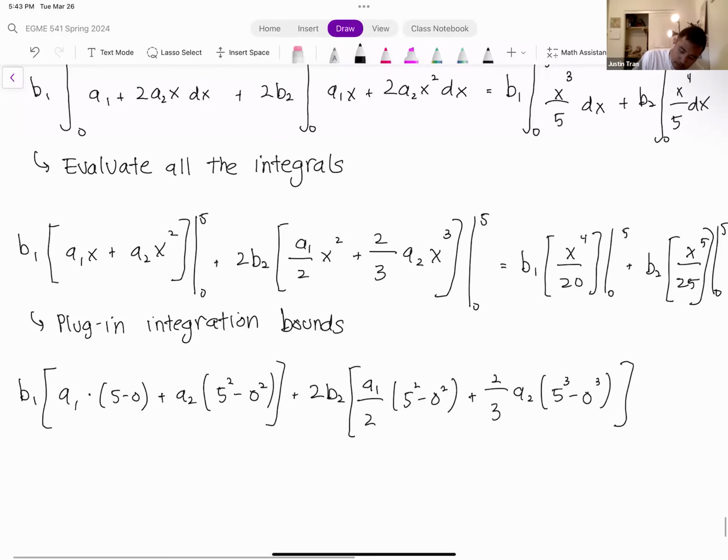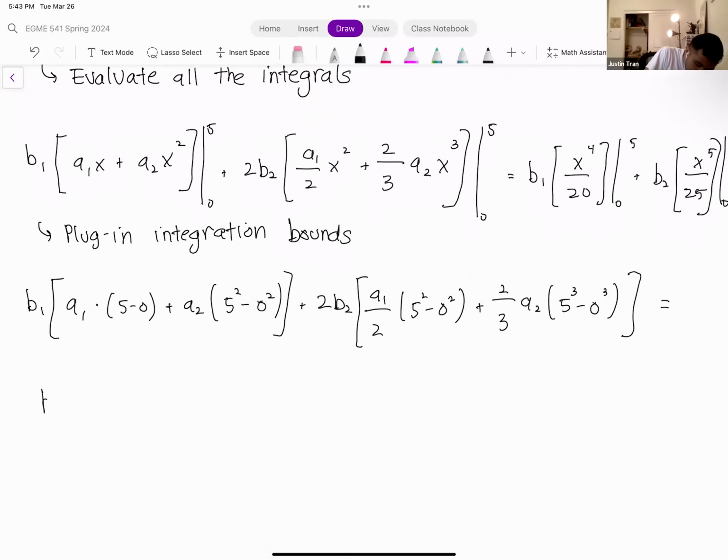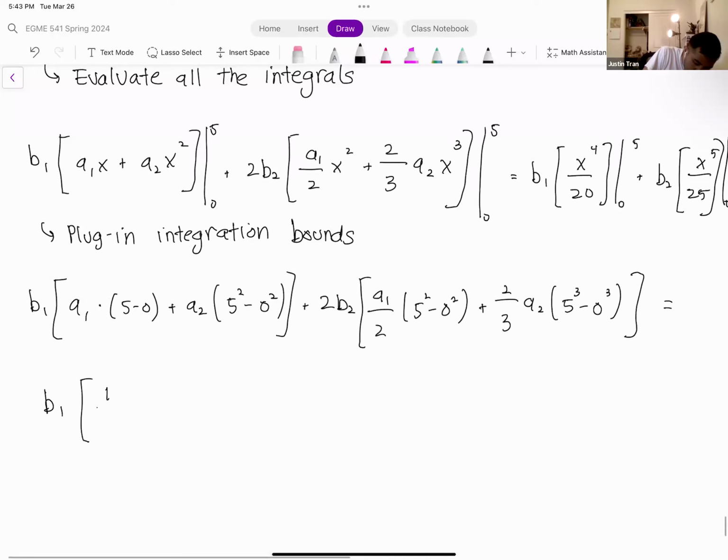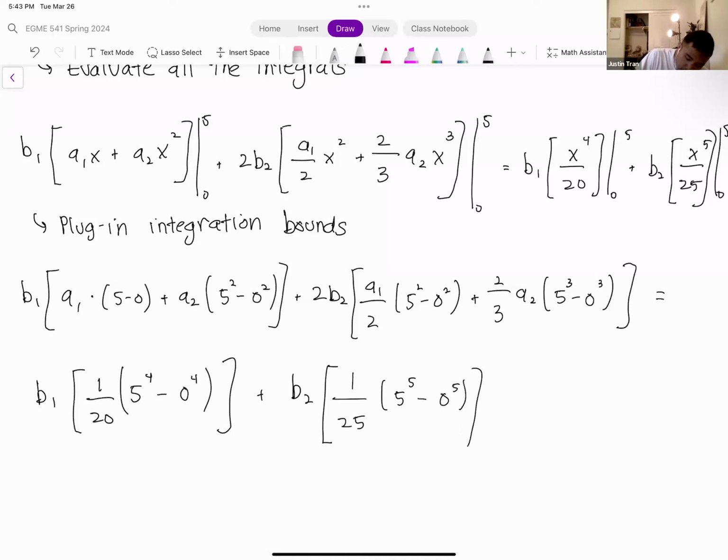This is equal to b1 times 1 over 20, 5 raised to the fourth power minus 0 raised to the fourth power, plus b2 times 1 over 25, 5 raised to the fifth power minus 0 raised to the fifth power.